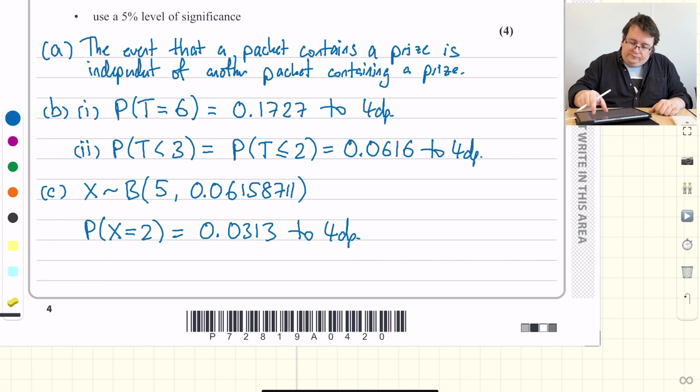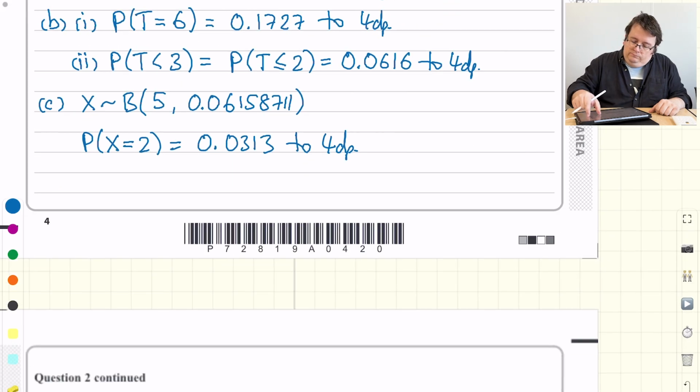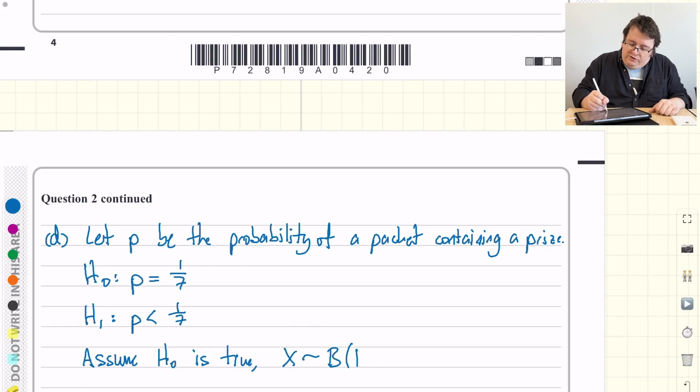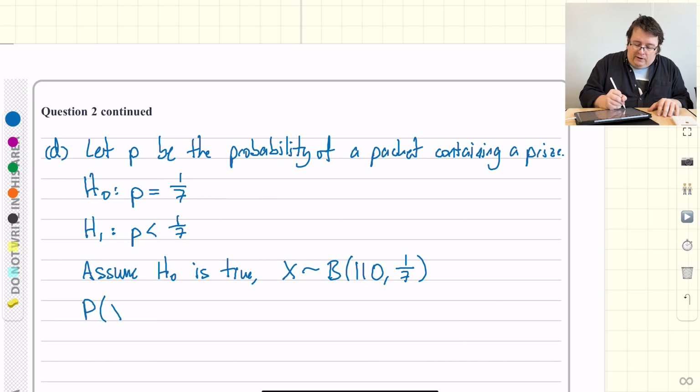Now, there were 110 packets. So n is 110, and the probability is 1/7, and 9 were found to contain a prize. So we need to find the probability of x being less than or equal to 9, because it's got to follow the same direction as the alternative hypothesis.